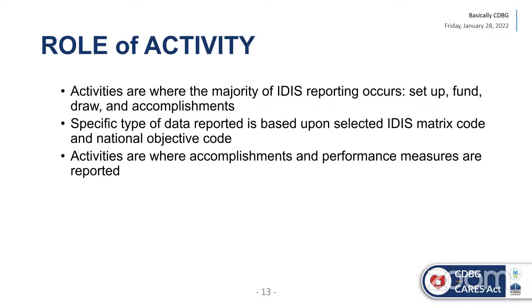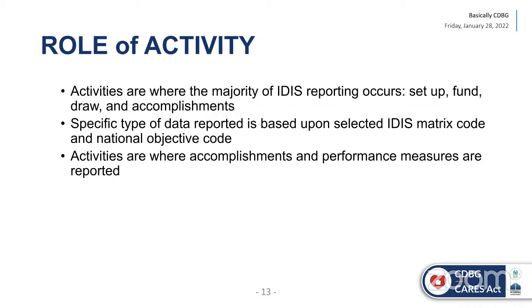Activities are where the majority of IDIS reporting occurs. So the grantee will set up activities, fund and draw down through activities, and report accomplishments. We also measure whether the activity is eligible and met a national objective. That's at the activity level.